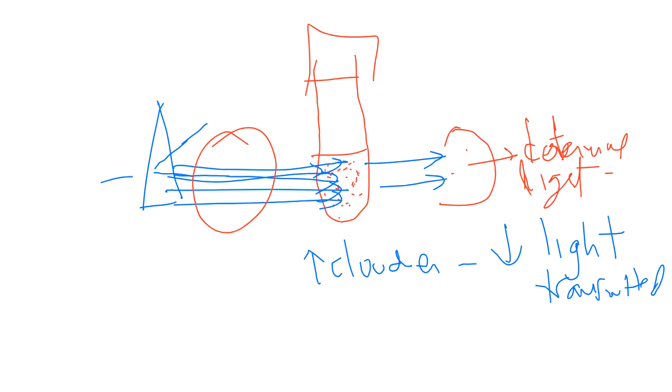The more growth a tube has, the cloudier it is, the less light is transmitted.